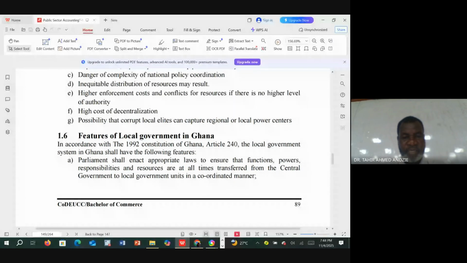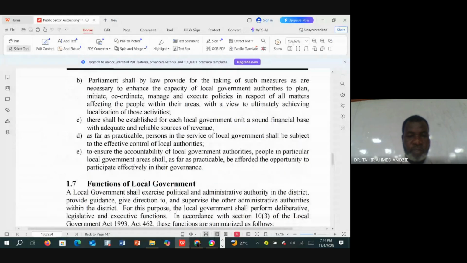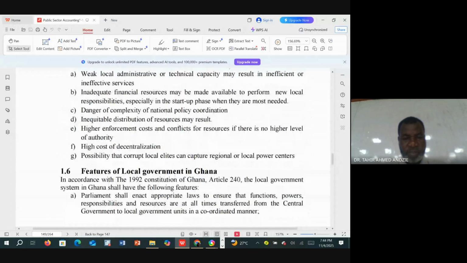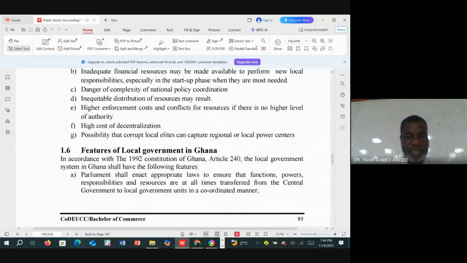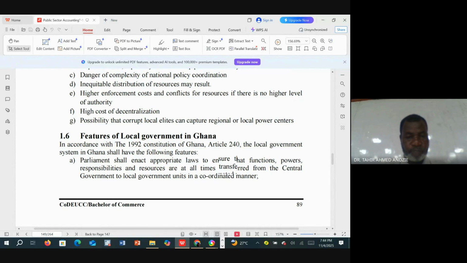Features of local government in Ghana. This is the aspect you have to look at carefully. So how do we consider, what are the components of the local government in Ghana? In accordance with the 1992 Constitution of Ghana, Article 240, the local government system in Ghana shall have the following features.